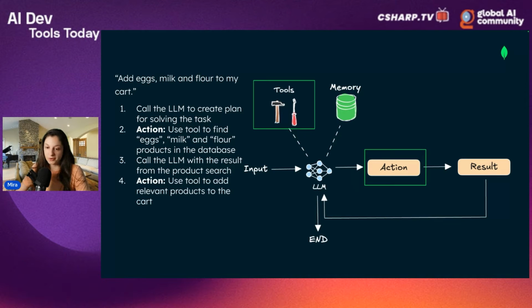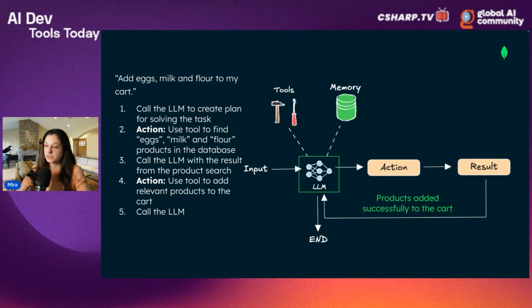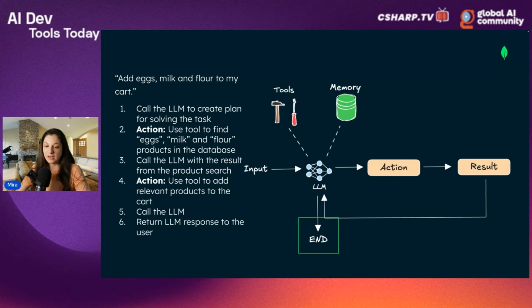They are, so the agent now needs to call another tool to add the relevant products to the cart. So we execute this tool, and the products are successfully added to the cart. This is the result from calling the tool. With this result, the agent calls the LLM once again. Now the LLM can see that everything was successfully executed and it can return the appropriate response to the user.